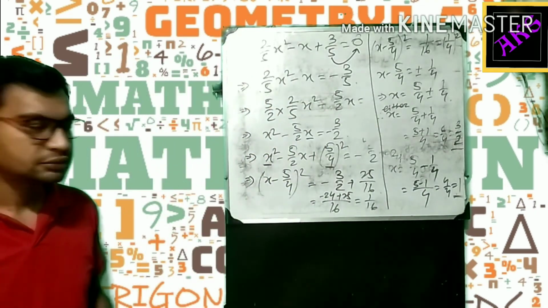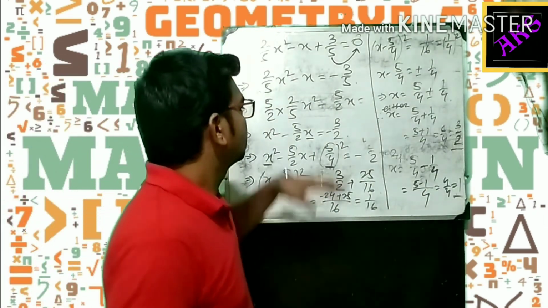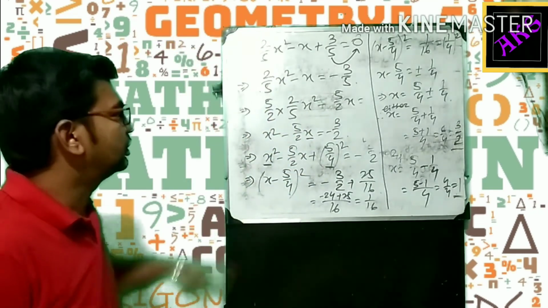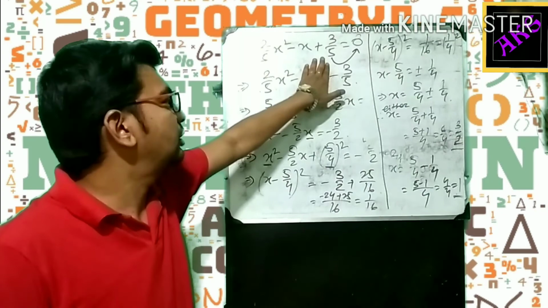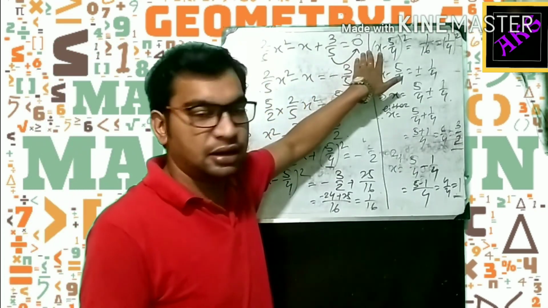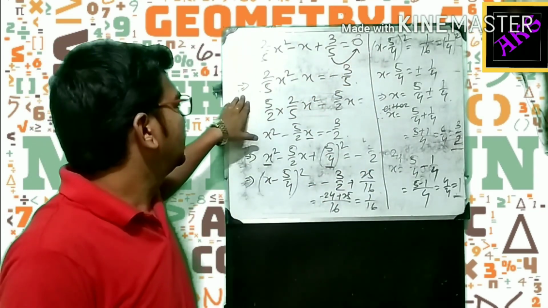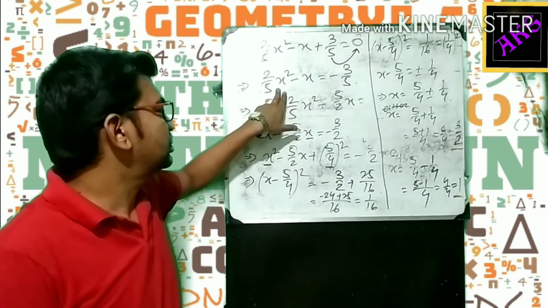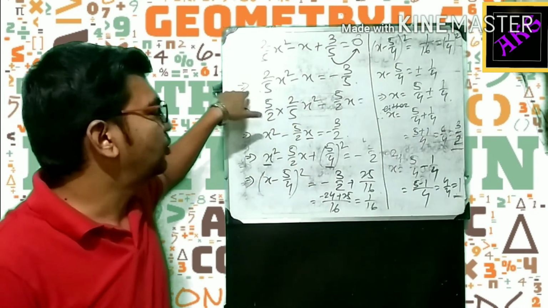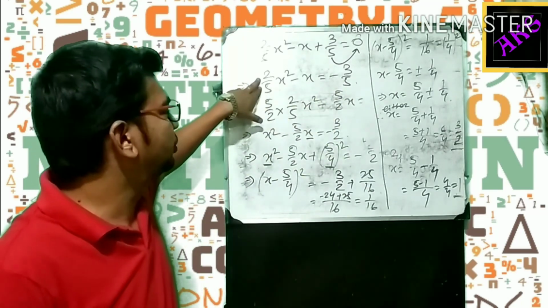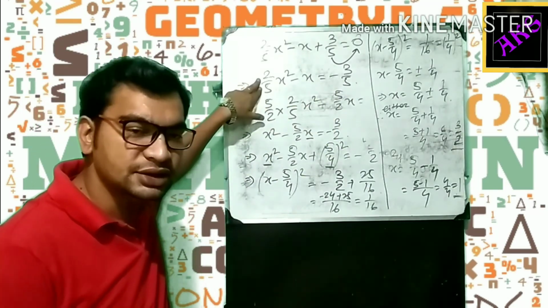So let's take another look. First, what we need to do, we have to transpose the constant term from the left side to the right side. Then we have to make the coefficient of x square 1. How can we do that? We just have to multiply the whole equation by the reciprocal of the coefficient of x square.